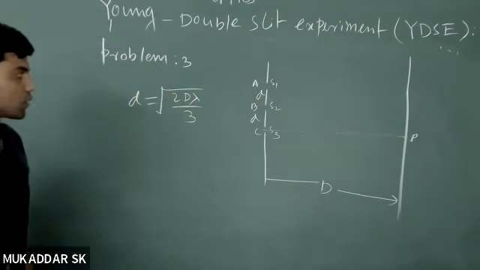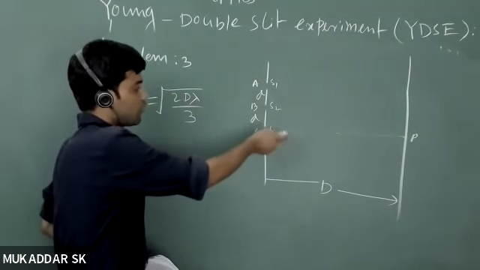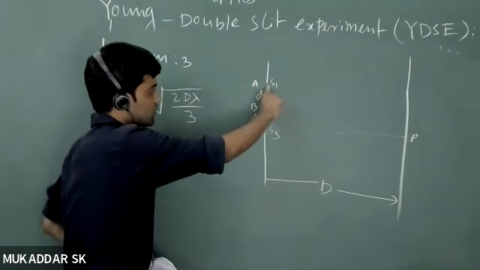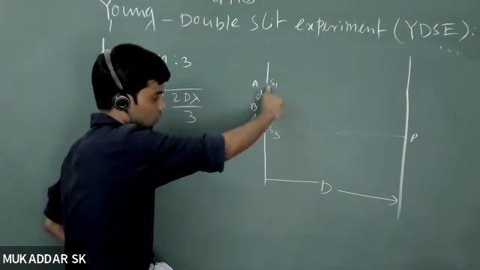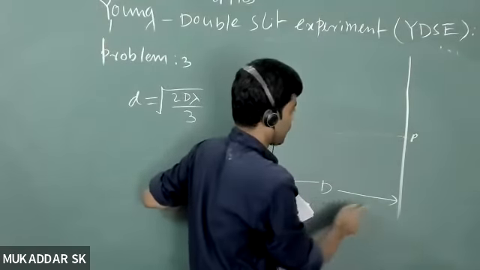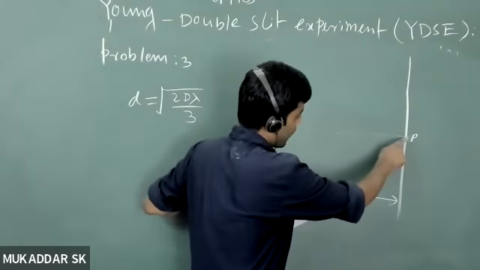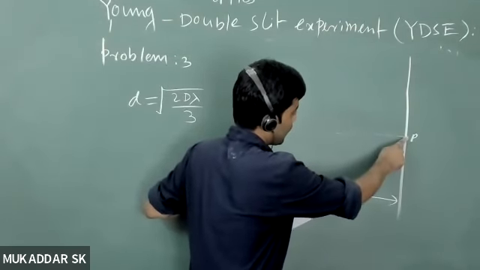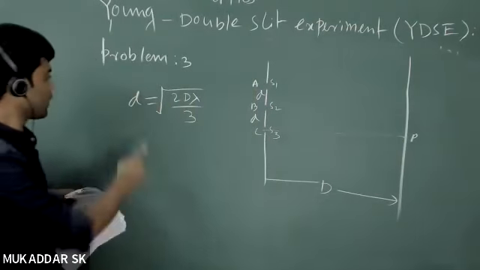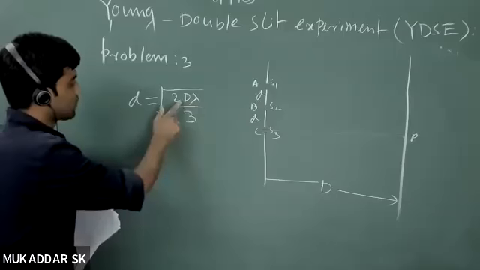Again I am repeating. So you have 3 slits S1, S2 and S3 or A, B, C. Separation between 2 successive slits is small d. Separation between slits and screen, that is capital D. And you are considering a point P that is at same vertical line as slit S3. And small d is given, that is twice d lambda by 3.